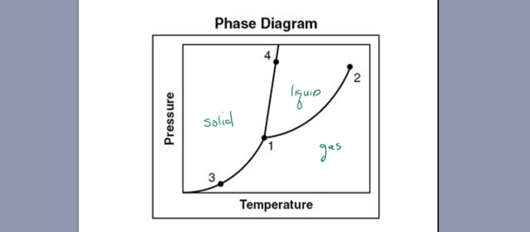And there are some important points on this diagram that we want to make sure that everybody's familiar with. First of all, this point right here in the middle, number 1, is called the triple point. The triple point is the point at which all three phases or states exist at the same time.